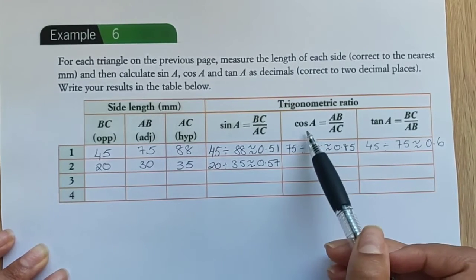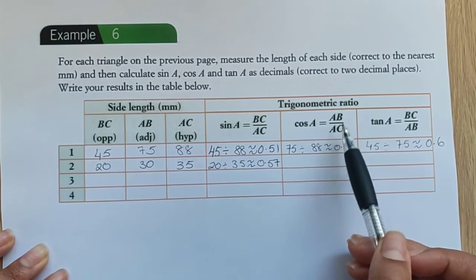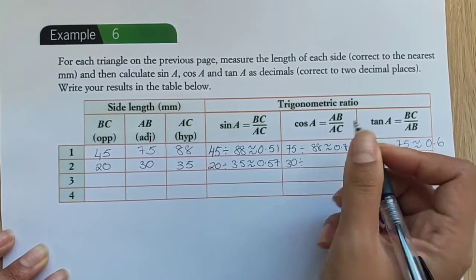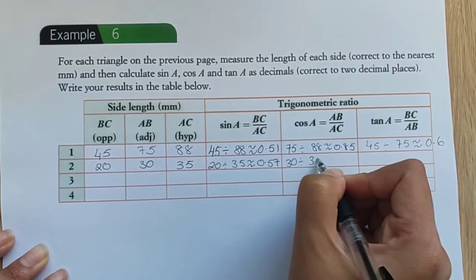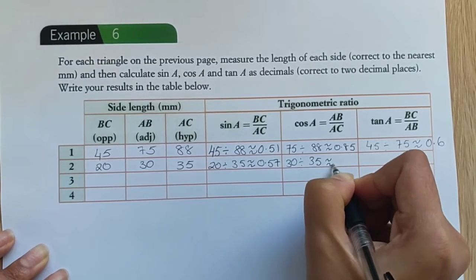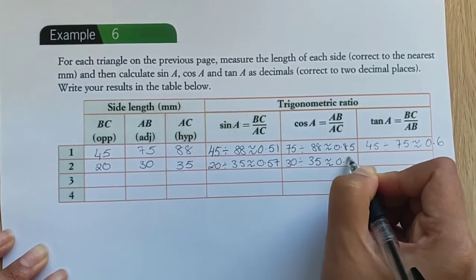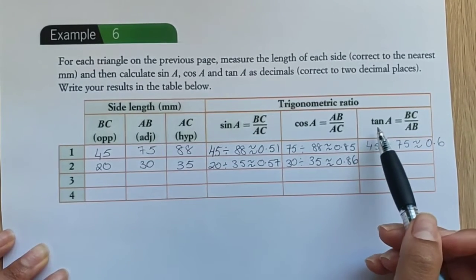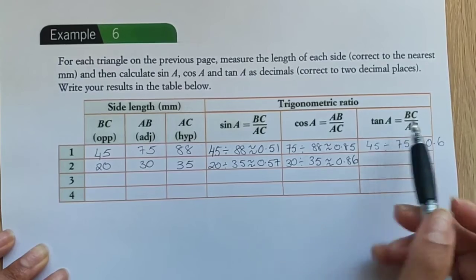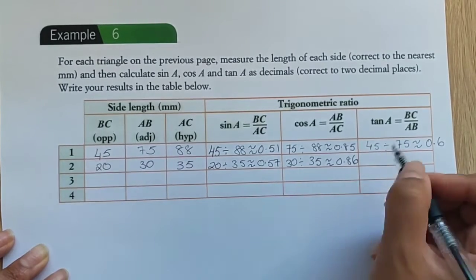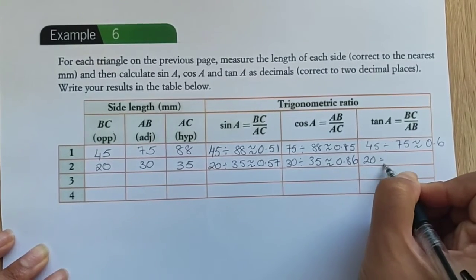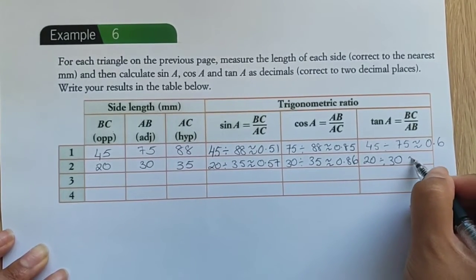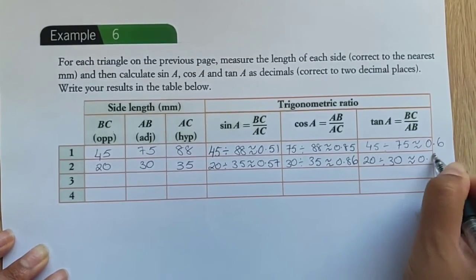Now cos A, which is AB over AC. So AB is 30 divided by AC, which is 35. That should give me 0.86 approximately. And finally, tan A, which is BC, 20, divided by AB, 30, and that should approximately be 0.6.